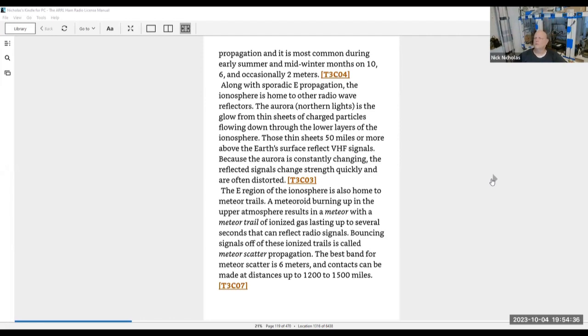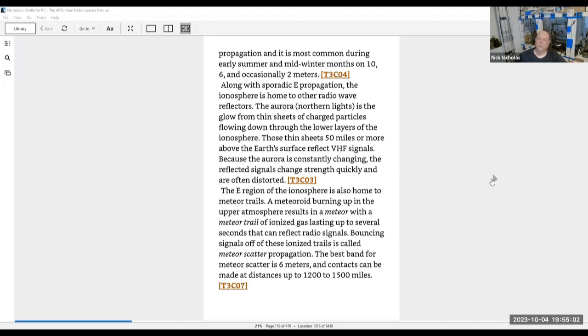You can bounce signals off of them. They will come back a bit distorted, but it does work. The reason it comes back distorted is because the aurora, if you've ever seen the northern lights, is not constant. It's always fluctuating. That's because the ionization of that aurora is fluctuating.